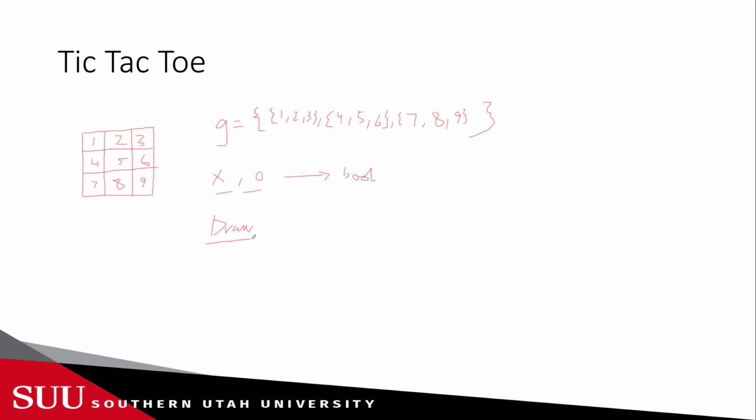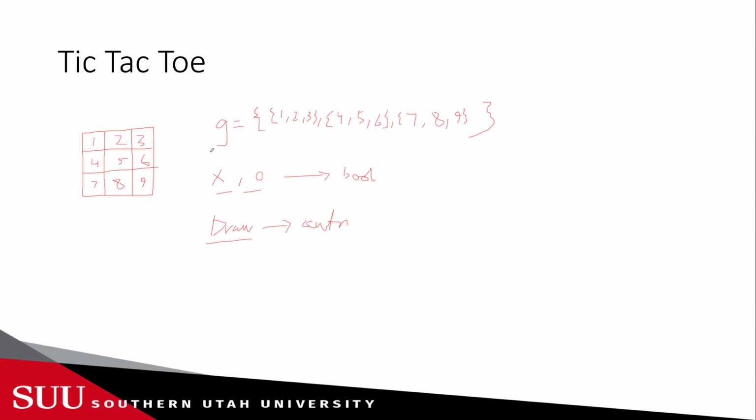So when will a draw case be there? If I consume all of those places, and then at the end I don't have any winning streak or winning pattern. So I can have something to count for me how many cells I used.